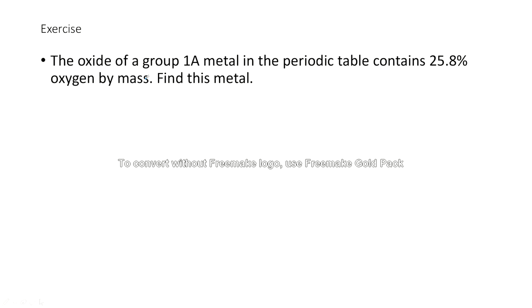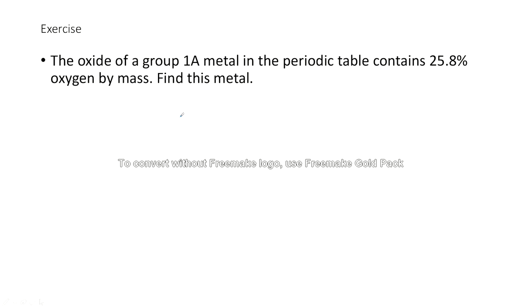Let's try to solve a simple exercise. We know that the oxide of a group 1A metal in the periodic table contains 25.8% oxygen by mass, and they ask to find this metal. Okay, let's work with the molar mass.